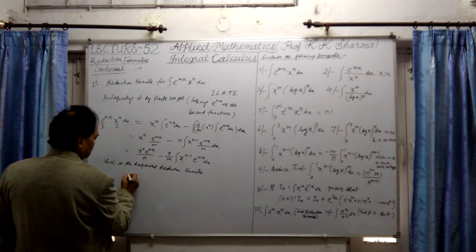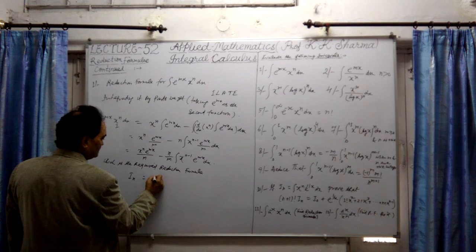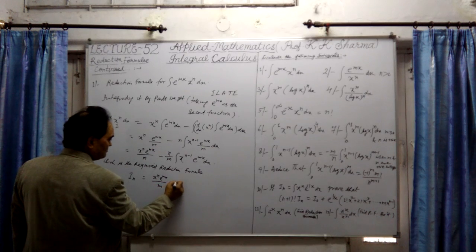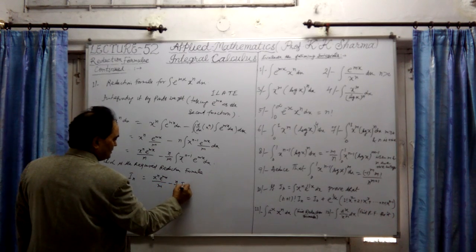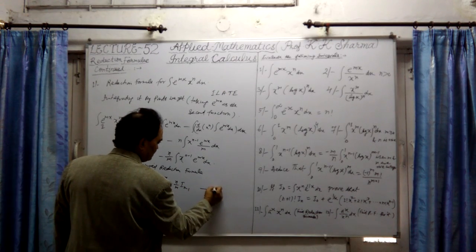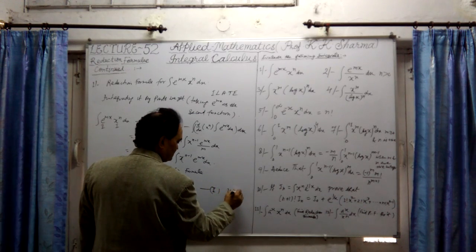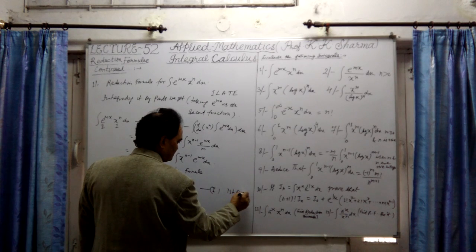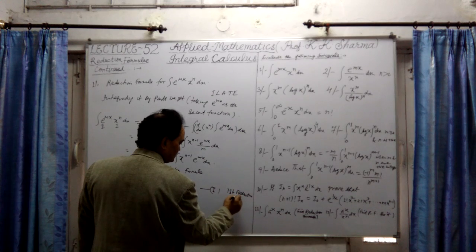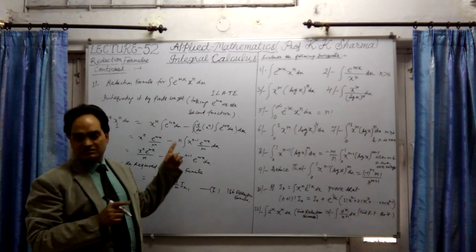Or we can write it as I_n equals x^n e^(mx)/m minus n/m times I_(n-1). This is the reduction formula. This is the first reduction formula we have discussed in this series.